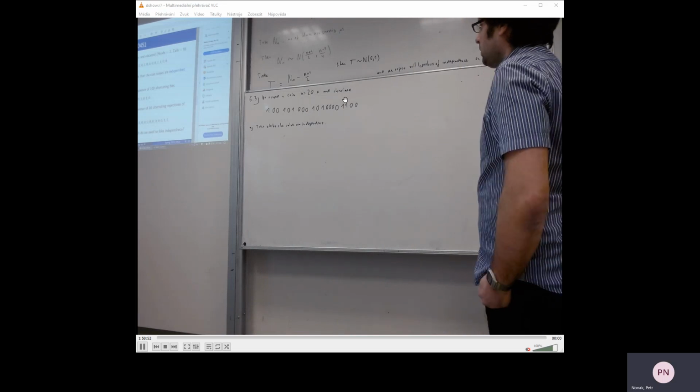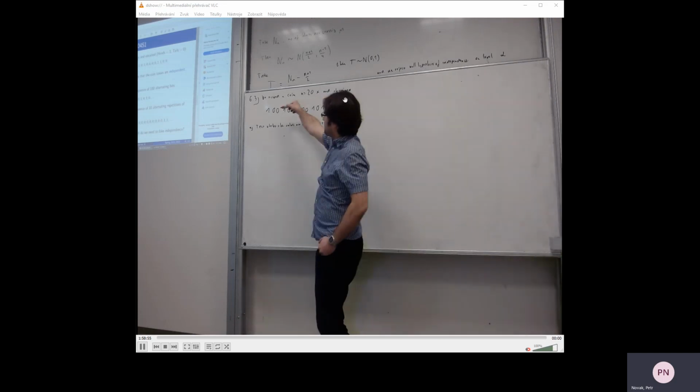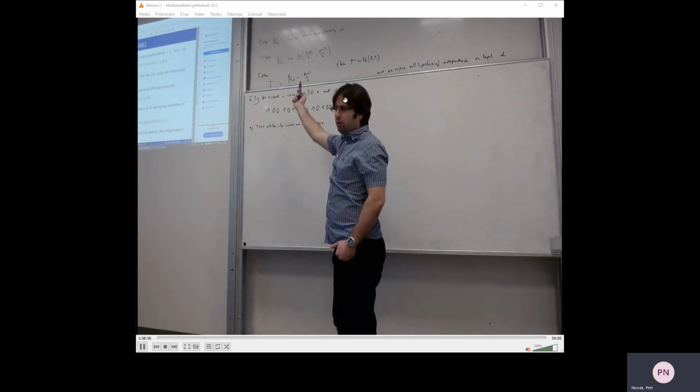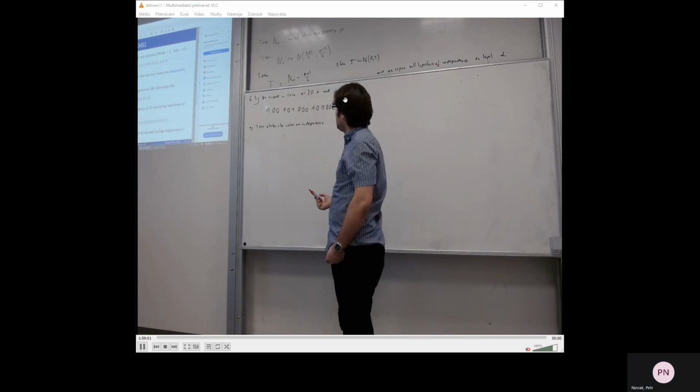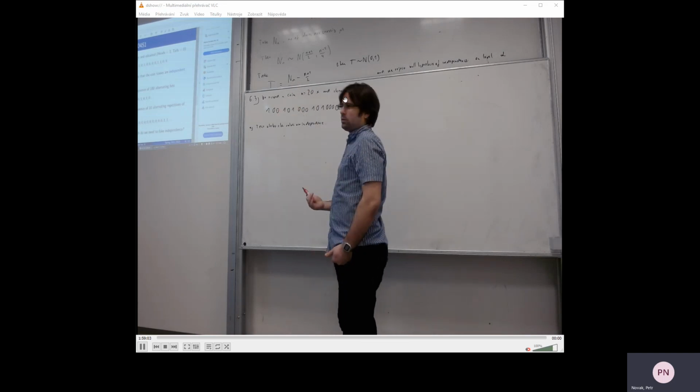Okay, now let's take a look. We need to separate the blocks which are above and below the expectation, meaning that we just need to count how many consecutive ones and consecutive zeros there are.